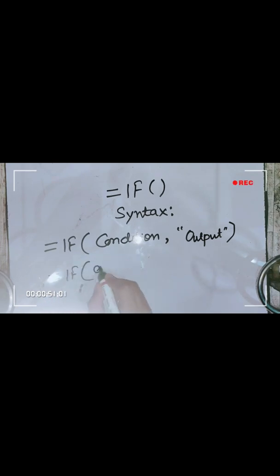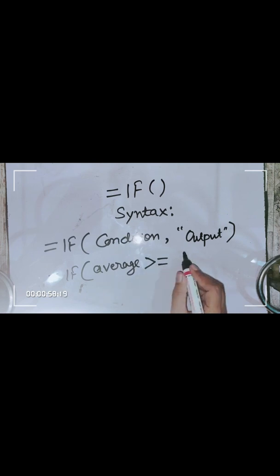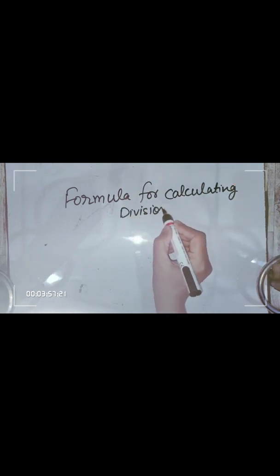Is equal to IF, if we want to give grades on average, we can say is equal to IF average is greater than or equal to 60, we are going to display grade A. So let's have a look at the complete formula if you want to calculate the division of a student according to percentage.